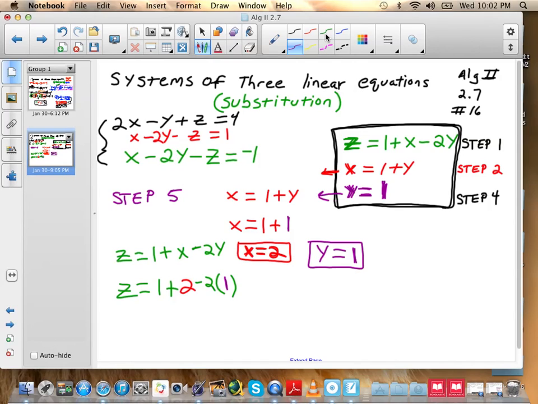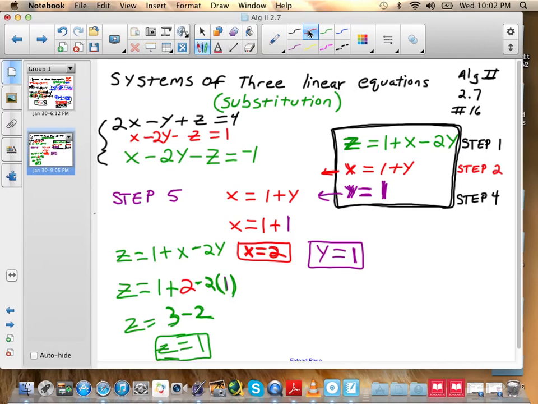Now I just finish solving it out. z equals 1 plus 2 is 3. Negative 2 times 1 is negative 2. So z equals 3 minus 2, which is 1. So z equals 1. My final answer, winner, winner, chicken dinner.